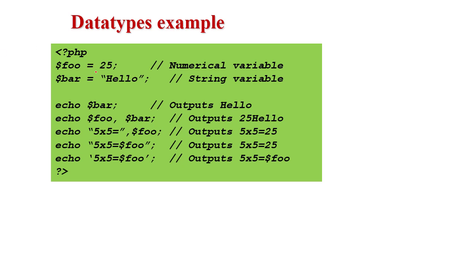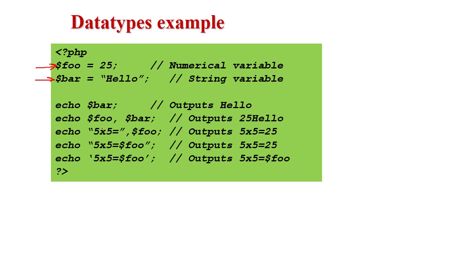Now let us see some data type examples. I have already taken these two variables. One is foo, which is a numerical variable. Second is bar, which is a string variable with the value hello. Let us just display this. If I write echo $bar, then it will output hello. If I write echo $foo, $bar, then it will display 25 hello, as foo contains the value 25.